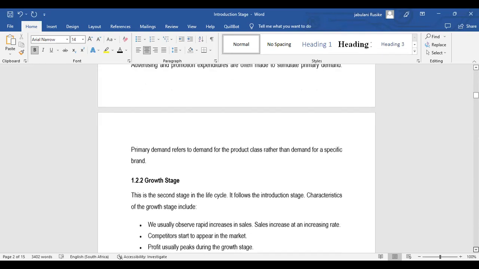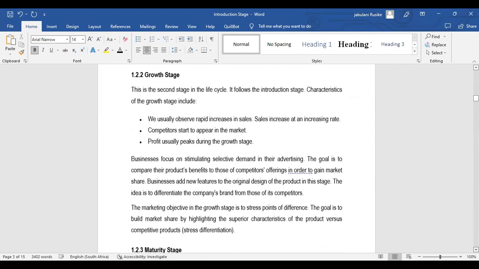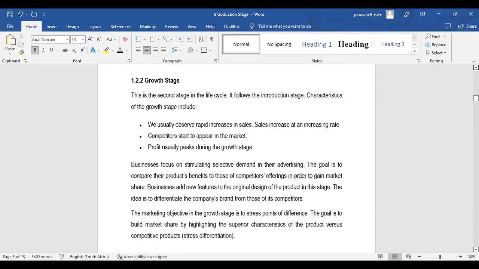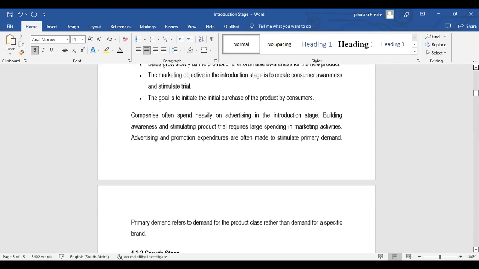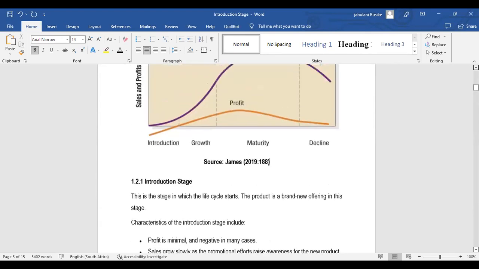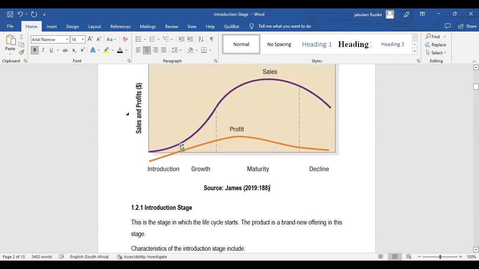Now there's what is known as the growth stage, which is the second stage in the life cycle, which follows the introduction stage. Now, what are the characteristics of the growth stage? This is when the sales start to grow. Because here, according to our diagram, you can see that the sales are gradually growing because people are now becoming aware of the product.